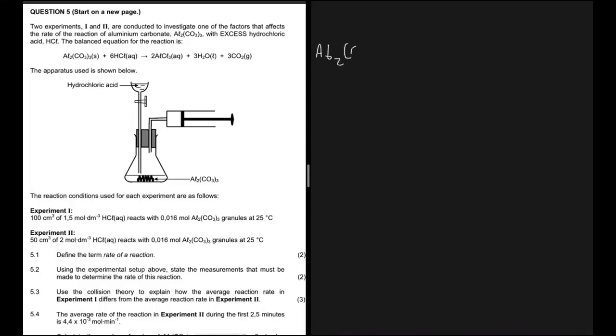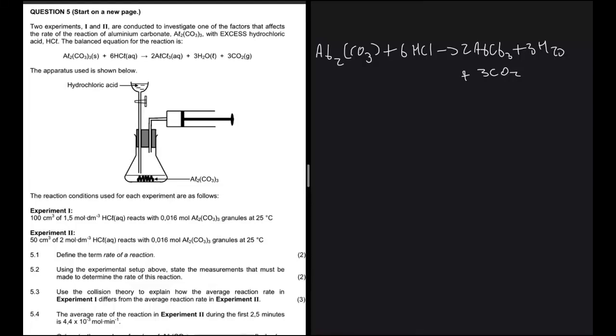Plus 6 HCl is going to give us 2 Al, 3 H2O plus 3 CO2. And then we have the setup in the image given there. There we have the hydrochloric acid. I think it's been put in slowly, and then we have the aluminum carbonate at the bottom, and then we have a syringe.